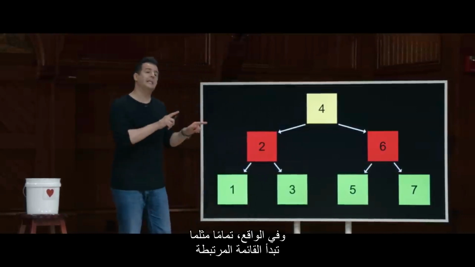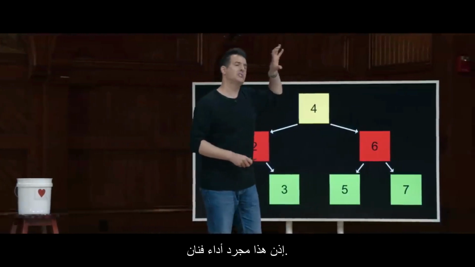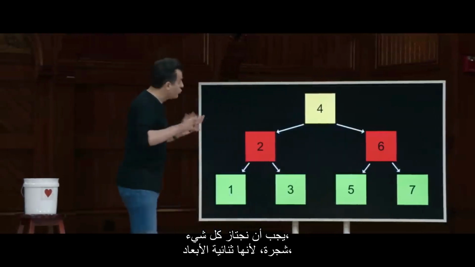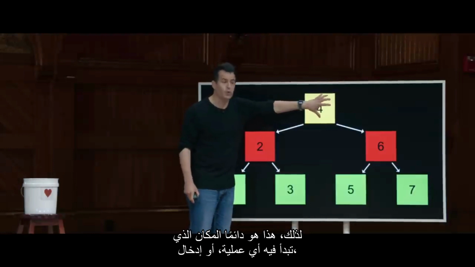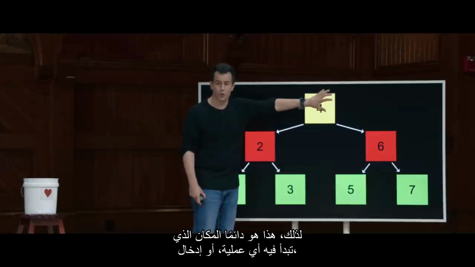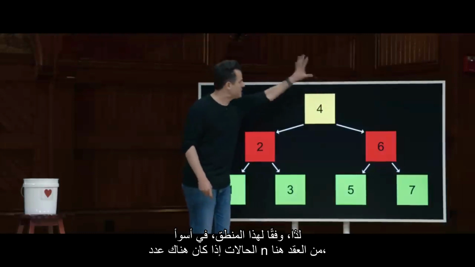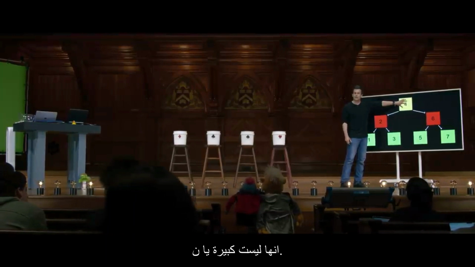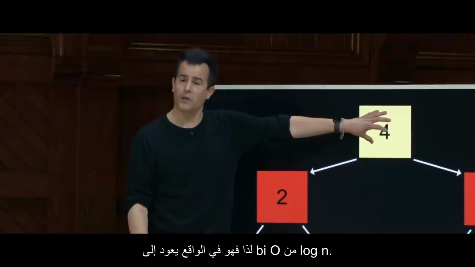Just as a linked list starts on one end and you have to traverse the whole thing, a tree, because it's 2-dimensional, always starts in memory at the root node. So this is always where you start any operation: insertion, deletion, searching. So by that logic, in the worst case, if there are n nodes here, how many steps would it seem to take? It's not big O of n, it's actually back to big O of log n.